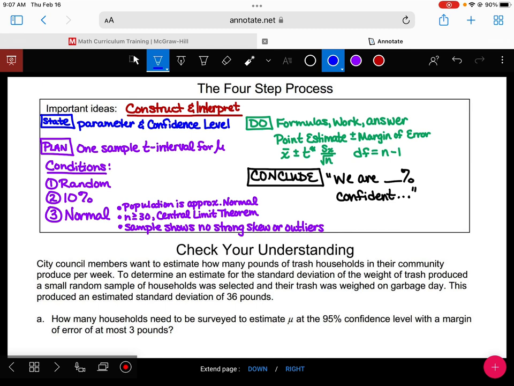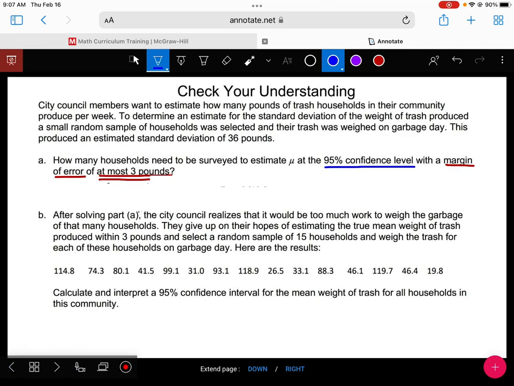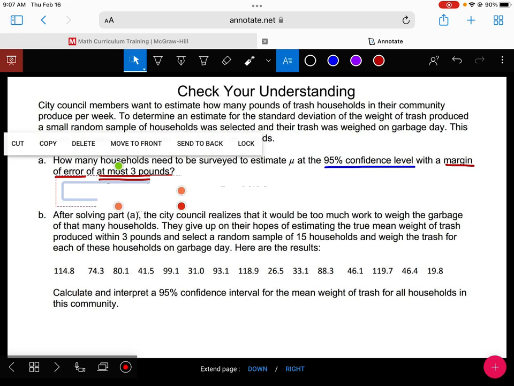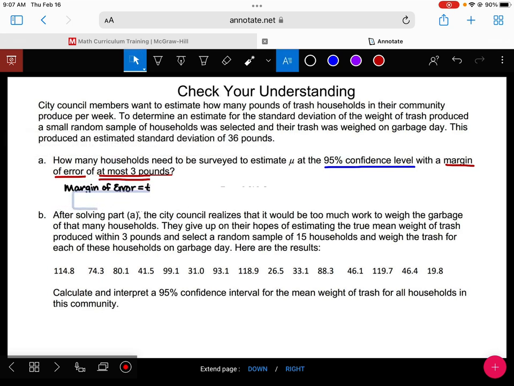I want my margin of error, T star times Sx over square root of n. If I know that I want that margin of error to be at most 3 pounds, then it needs to be 3 equals. Like I don't want it to go over that.